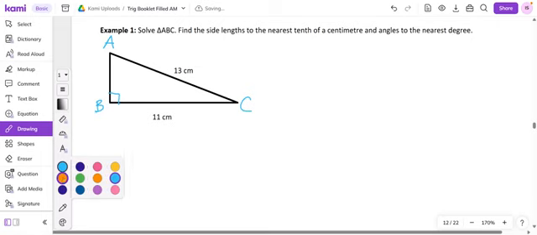And I'll just randomly choose A. Okay, let's find angle A. So if I'm starting with angle A, then let's label the triangle based on angle A. So this is my hypotenuse.